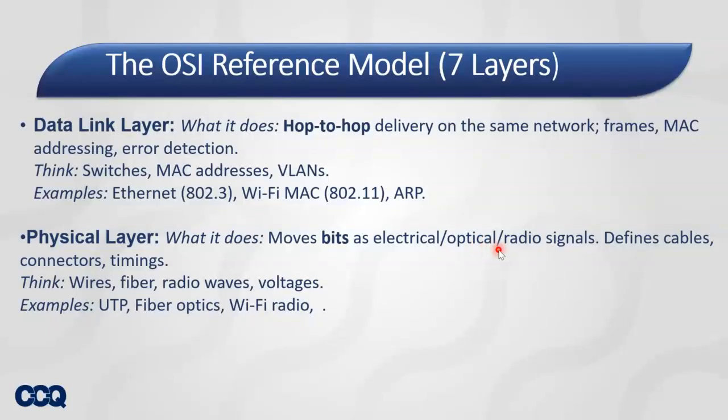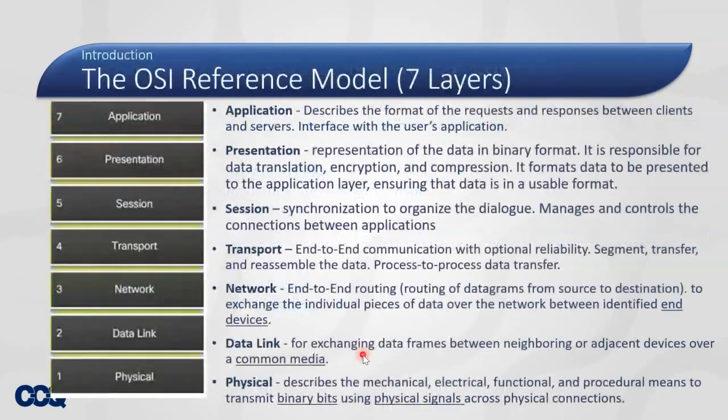So it defines cables, connectors, and timing. Examples of the physical layer are the UTP copper cable, Cat6, fiber optic cables, and Wi-Fi radio signals. Here is the slide, showing all 7 layers.